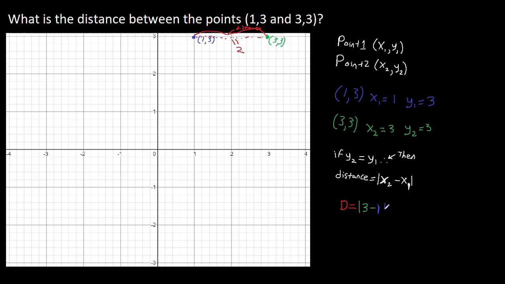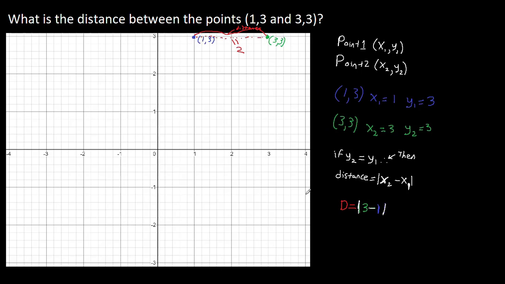Let me do the absolute value in white so we don't get confused. Our distance is equal to 3 minus 1.